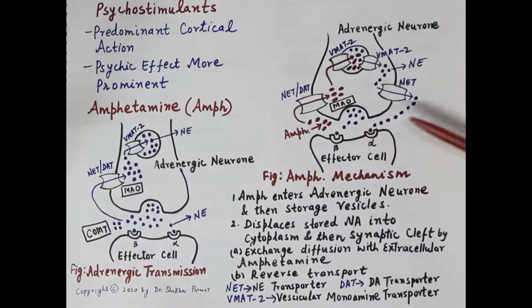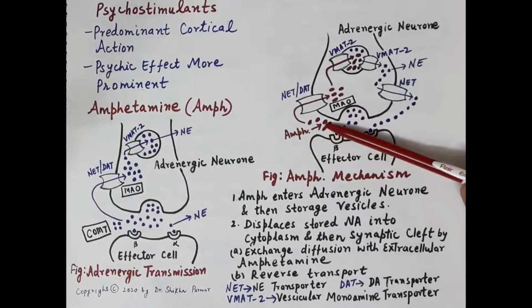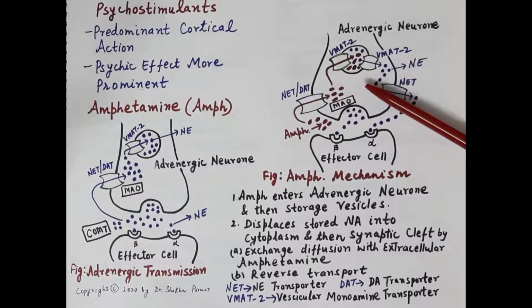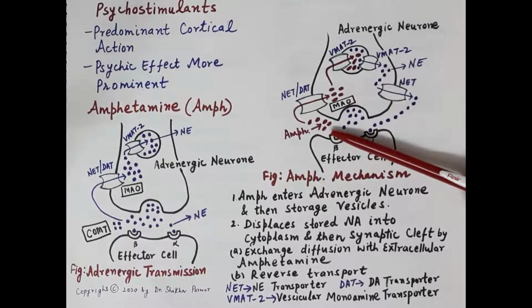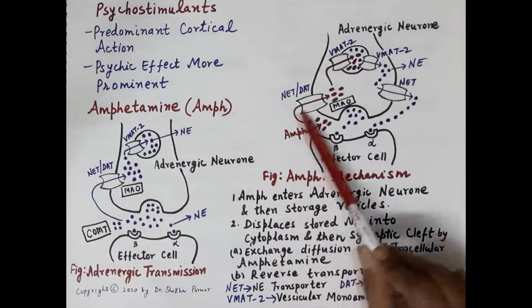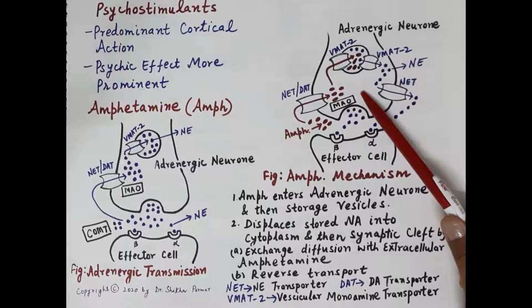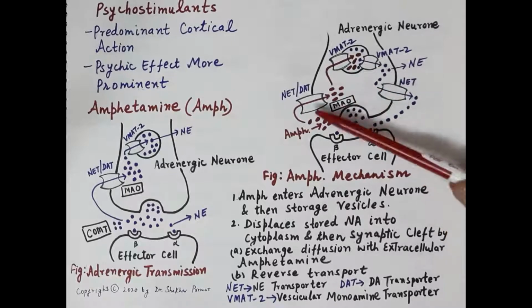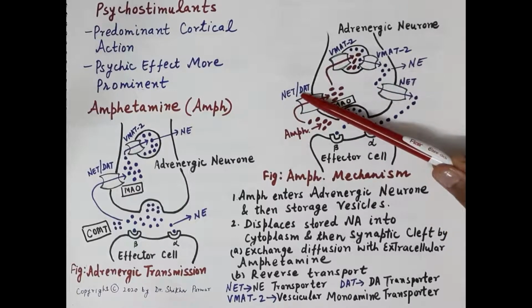Once amphetamine is administered, availability of amphetamine is more outside the cell, whereas availability of noradrenaline is more inside the cell. So, amphetamine enters inside the adrenergic neuron by utilizing the norepinephrine transporter.